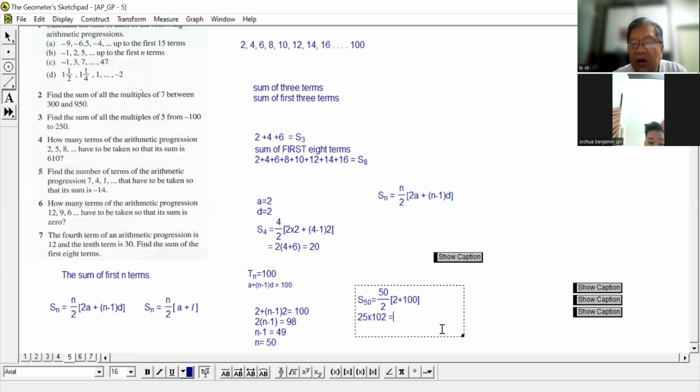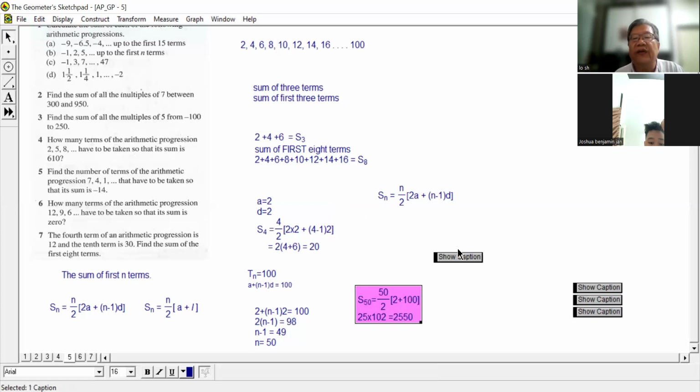Can you use your calculator and find out how much is 25 times 102? You tell me, then I write down. 2,550. Is this the number? Did I type correctly? Yes, okay, very good.